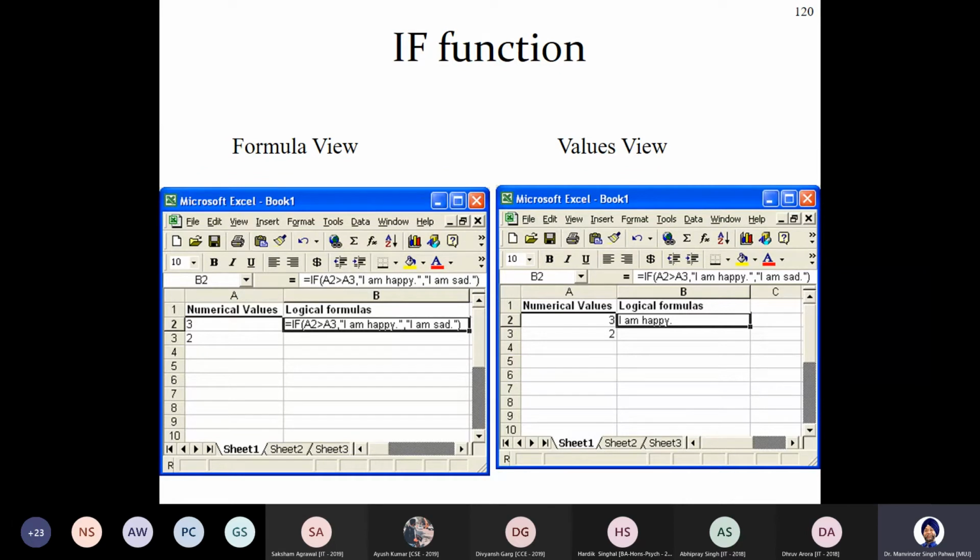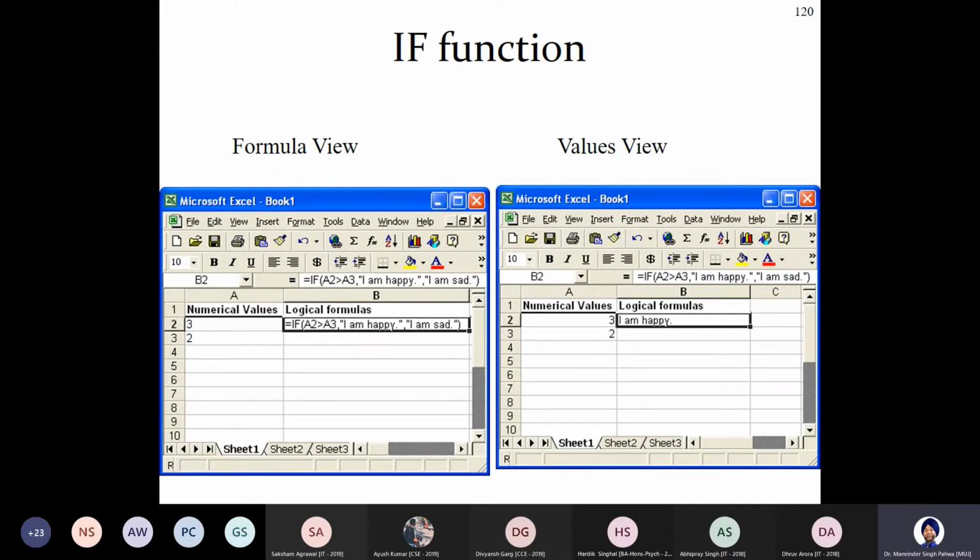Great, fine. So now we are coming to the logical function which is called the IF function. You know very well how to use the IF function. So here also the things are the same. For 3 and 2, write 3 and 2 as numerical values and then apply the logical formula: if A2 is more than A3, then I am happy, comma, I am sad.